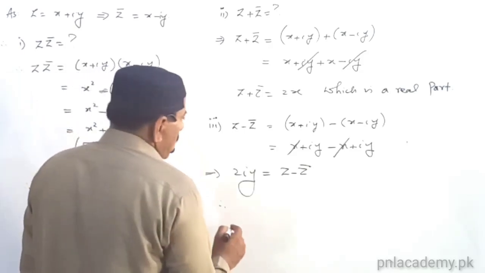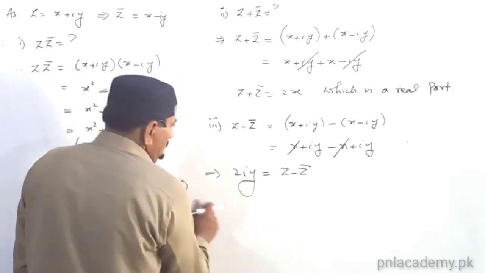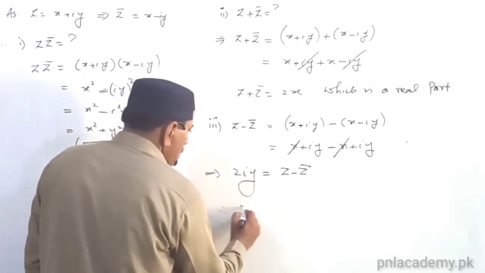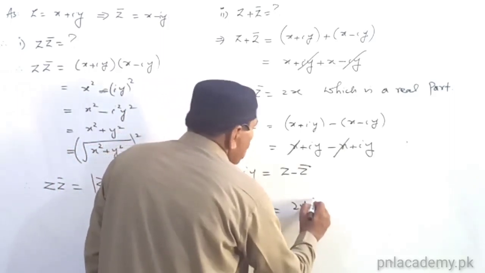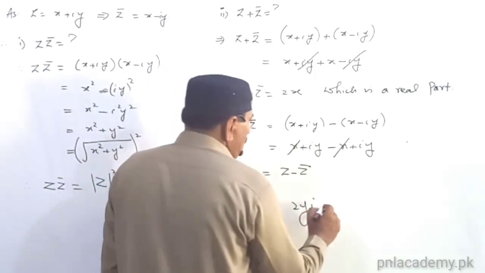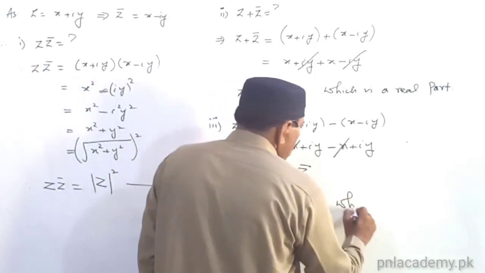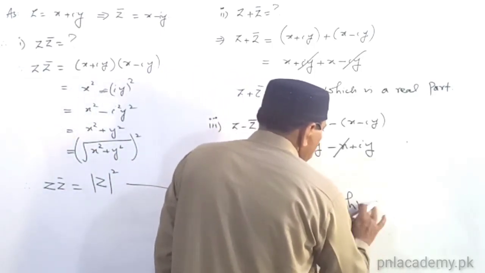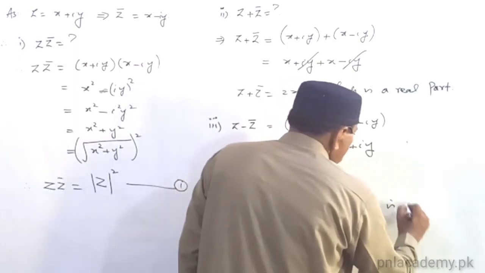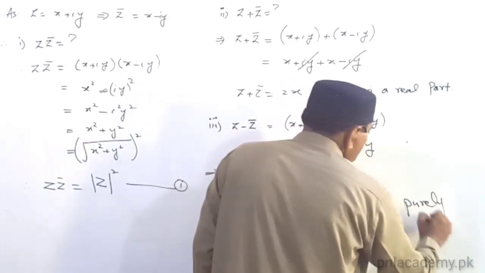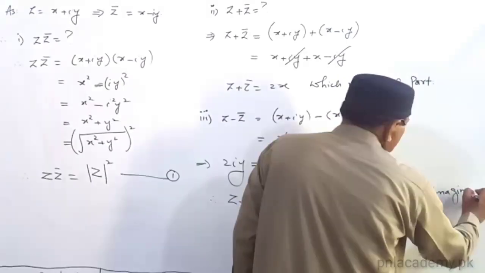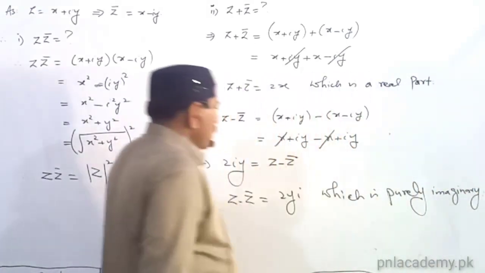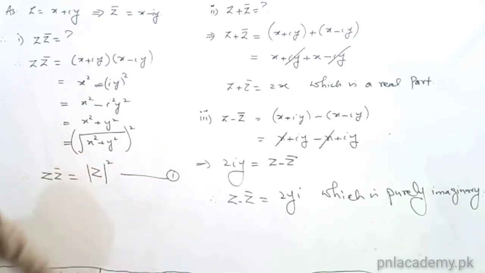Therefore, z minus z bar is 2y iota, which is purely imaginary.